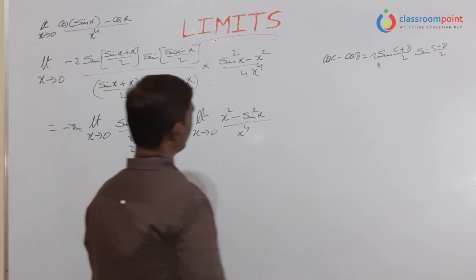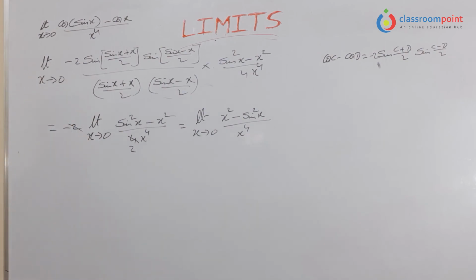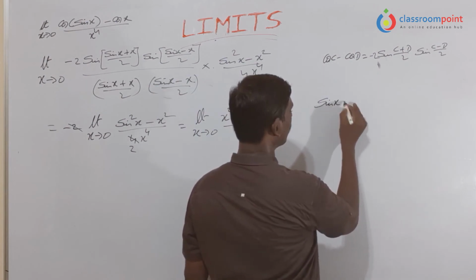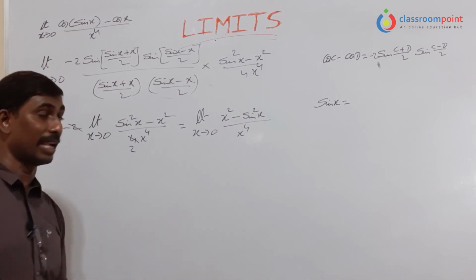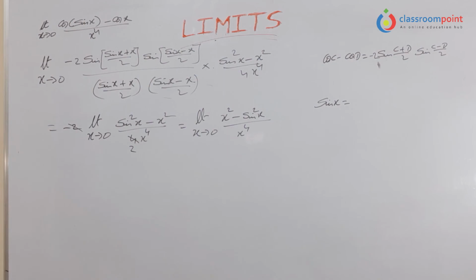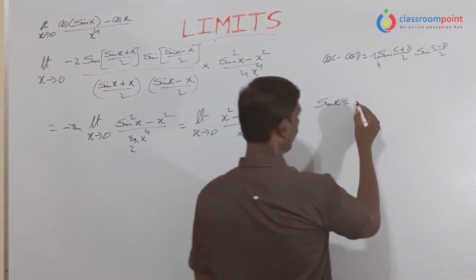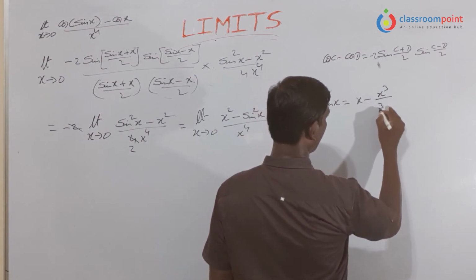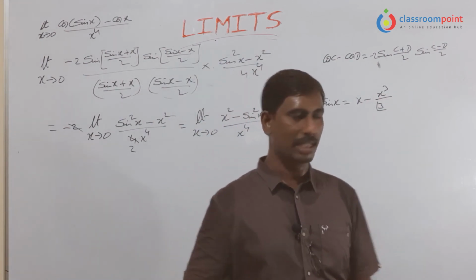Okay, we'll do one thing. Sine square x, so we have the sine x series formula. Sine x is equal to what? Sine x is equal to x minus x cube by 3 factorial plus and so on. Here we will take x minus x cube by 3 factorial only; the remaining terms are negligible.